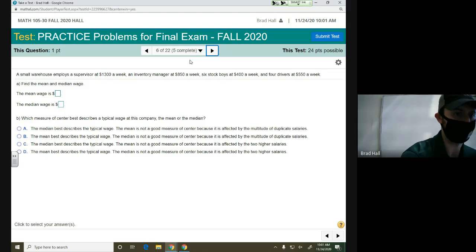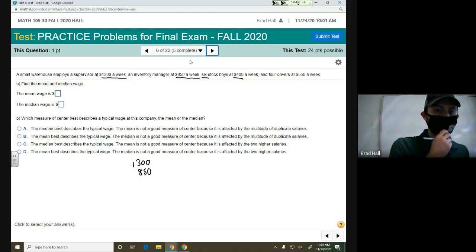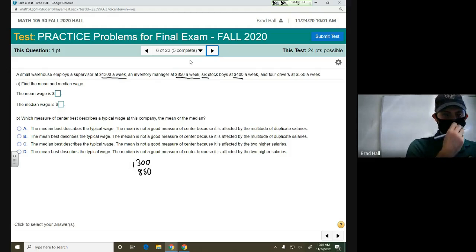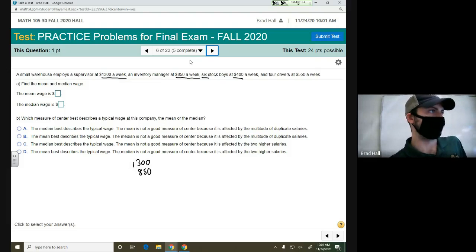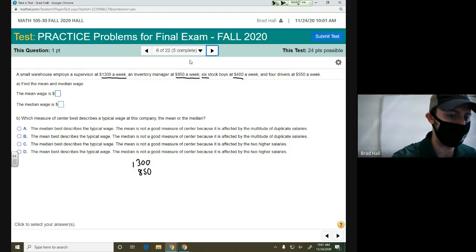because if you were to type all of these in your calculator, so there's a supervisor at 1,300, inventory manager at 850, and 6 stock boys at 400. So normally people will put the quantity 400 one time. You actually have to put 400 6 times. 1, 2, 3, 4, 5, 6.